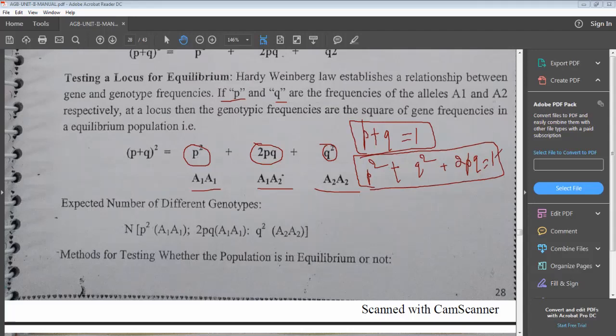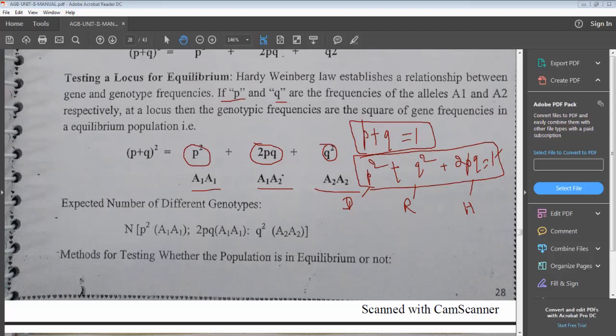Here, P square is the genotypic frequency for the dominant, Q square is the genotypic frequency for the recessive, and 2PQ is the frequency for the heterozygote. P plus Q is equal to 1, and P square plus Q square plus 2PQ is equal to 1. This is the dominant character, this is the recessive, and this is the heterozygote.